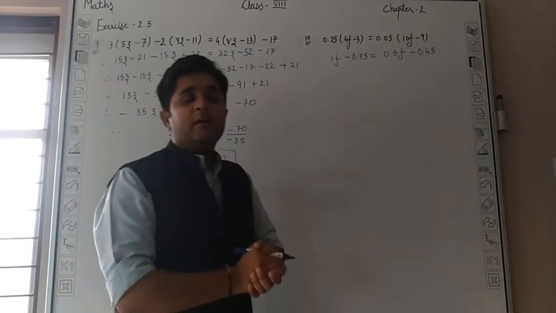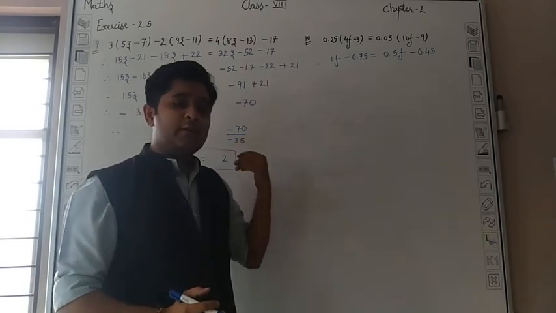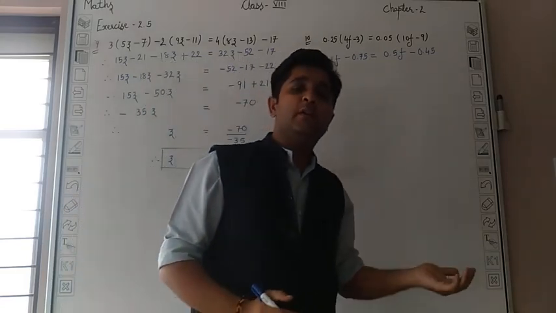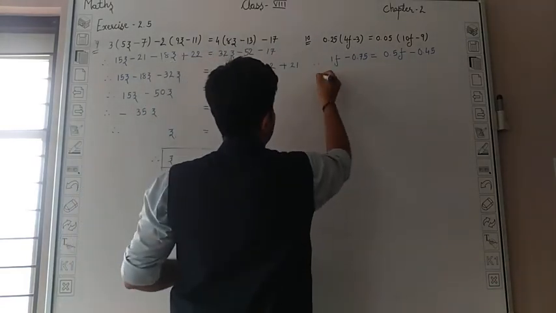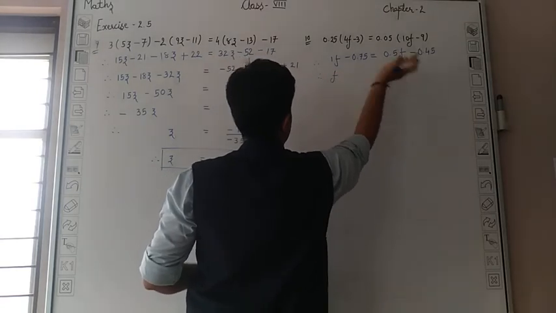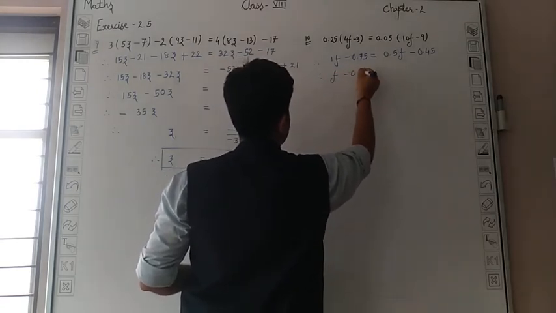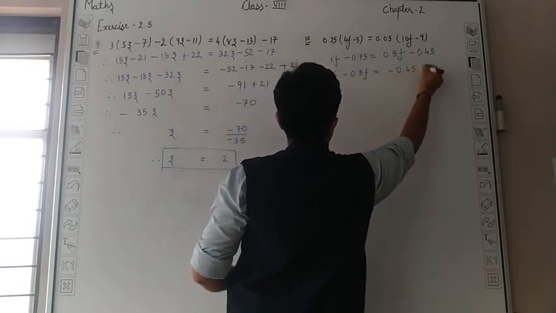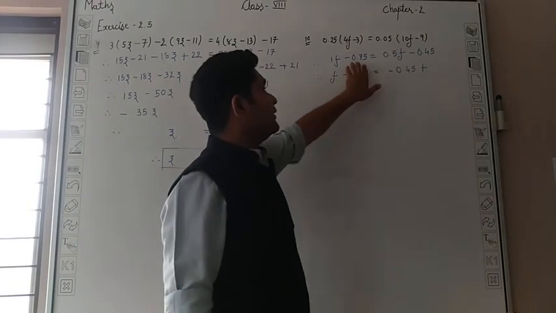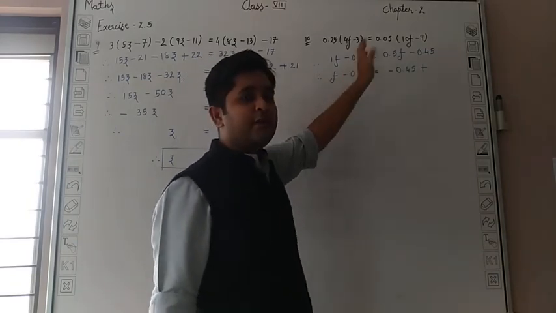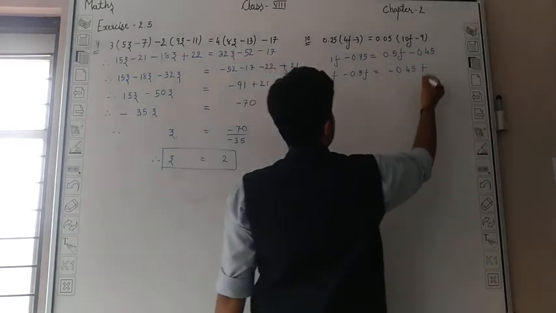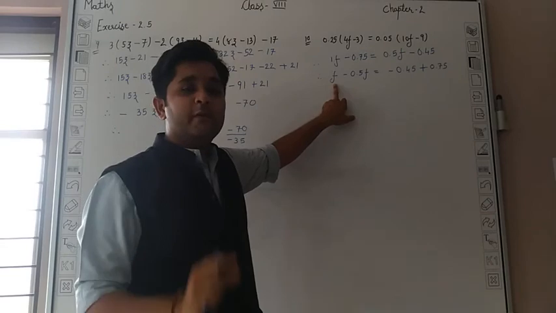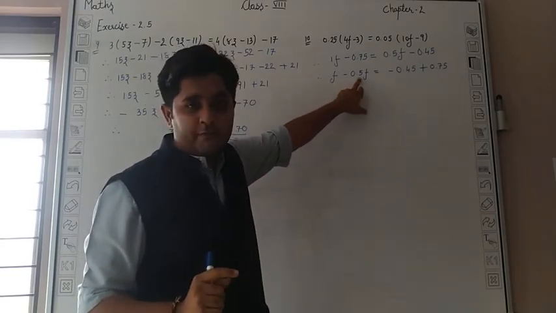Now, simply take all the terms having the variable together and all the constant terms together. So here only f as it is, 0.5f transferred to this side becomes minus 0.5f, is equal to minus 0.45 plus, this minus 0.75 transferred to the right hand side becomes plus 0.75. So friends, f minus half f, so it's a half f.